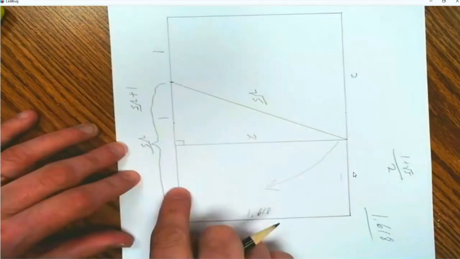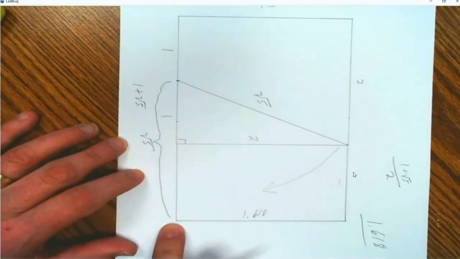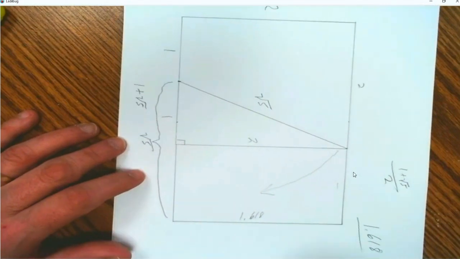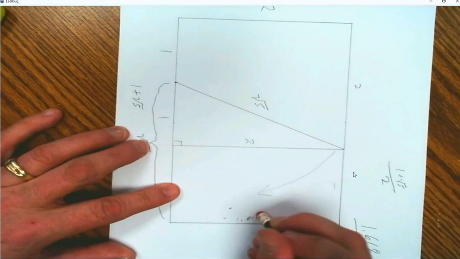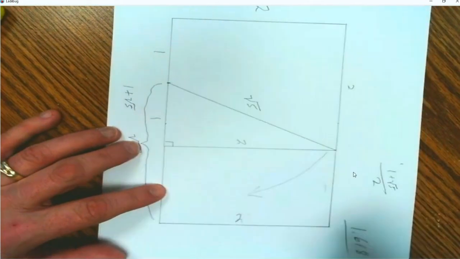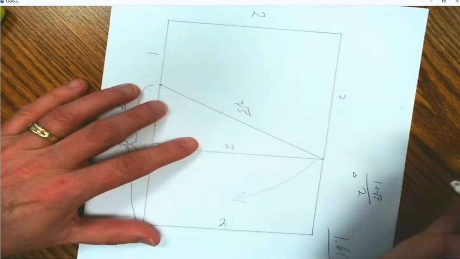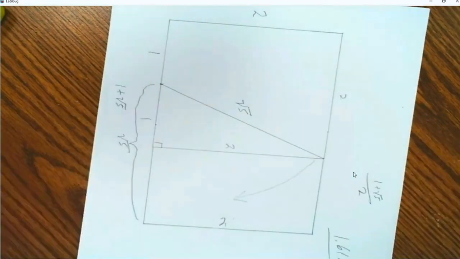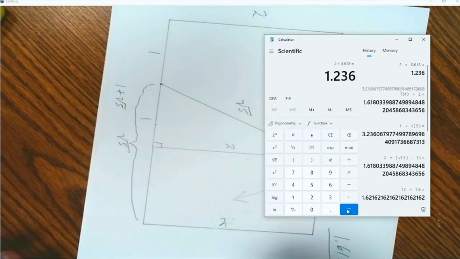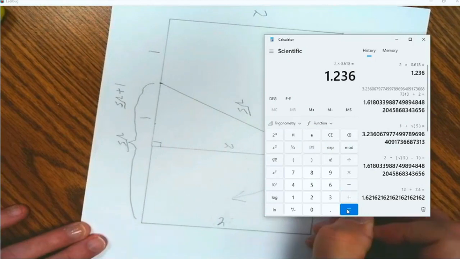This is the square root of 5 minus 1, and that would be the short side, but this would be 1.618 of that. Actually, in this case, we know how long this side is. This side is 2 because it's the same as this. So if we take 2, take our calculator back up there, we take 2 times the 0.618, which is the other side of that. That means this is 1.236.